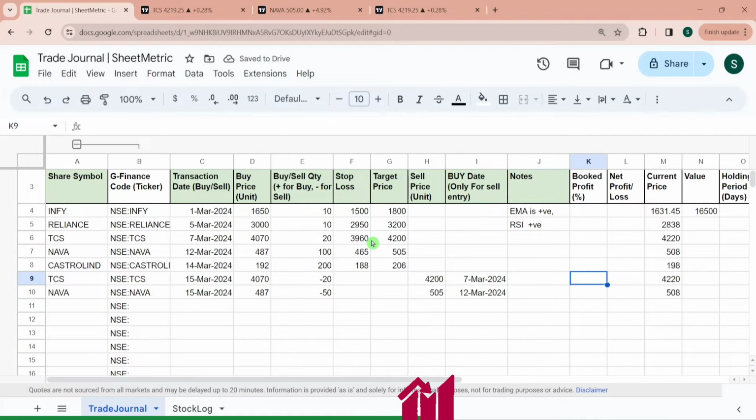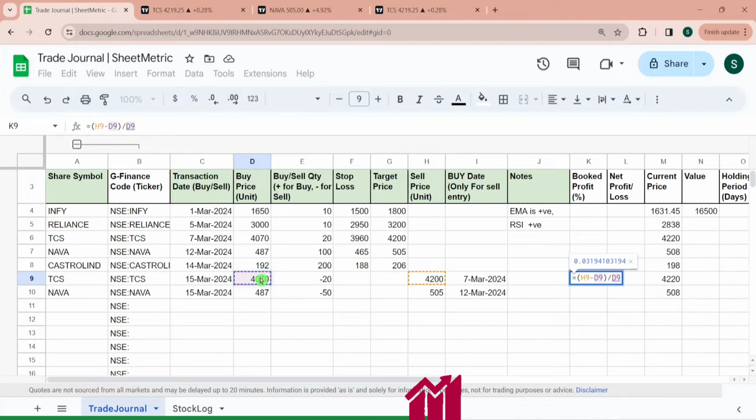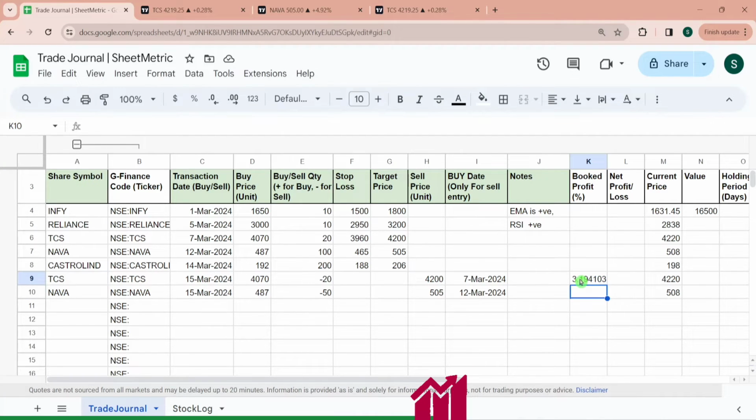Okay. So now booked profit percentage would be sale price minus buy price divided by buy price. So this is 3.19%, and for Nava, I can just drag this formula down.